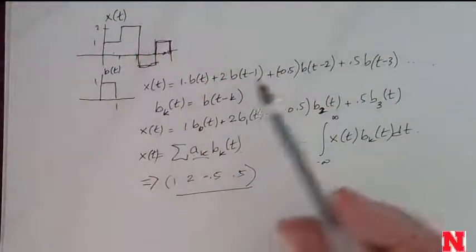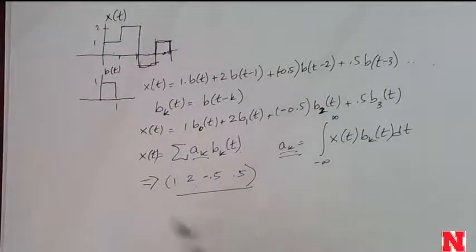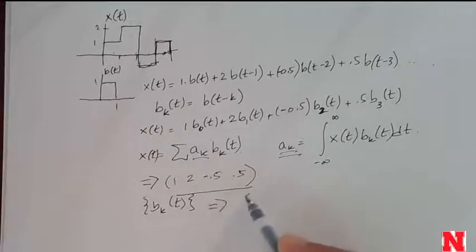And what I'm going to be using is a set of basis functions. So if I look at this set, the set b sub k of t, I can call this set my basis functions, which leads me to this set of coefficients, right?